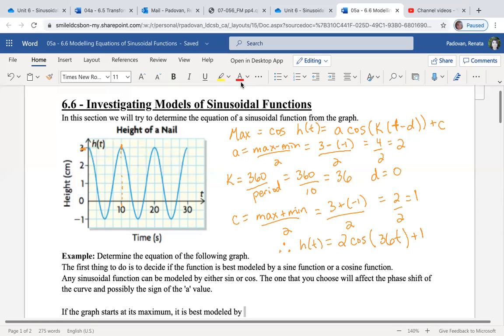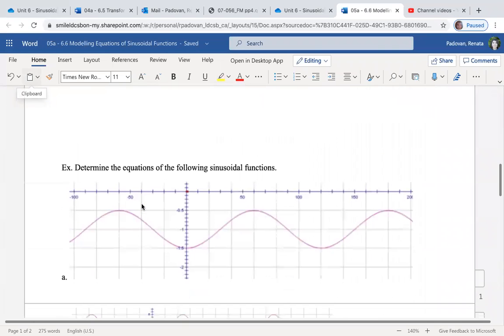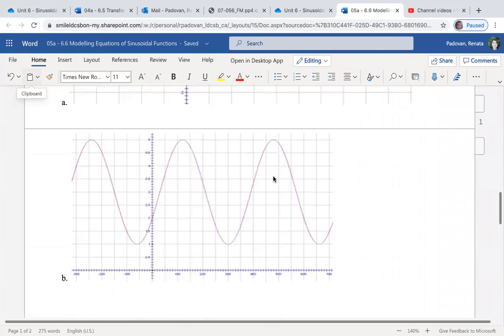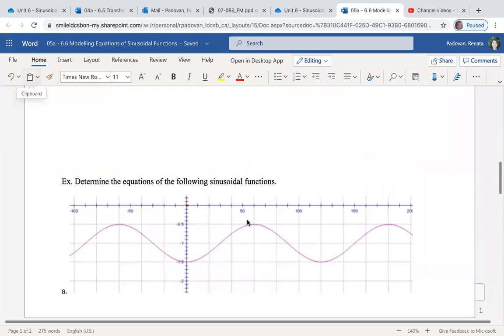Let's just do another relatively simple one down here. Determine the equations of the following sinusoidal functions. So we're talking about A and B, and then we have a separate example there. So let's look at A here because I can write above it. So determine the equation of the following sinusoidal function.